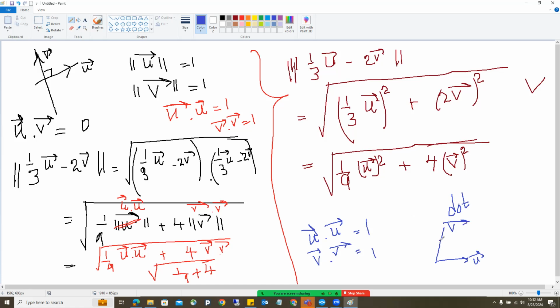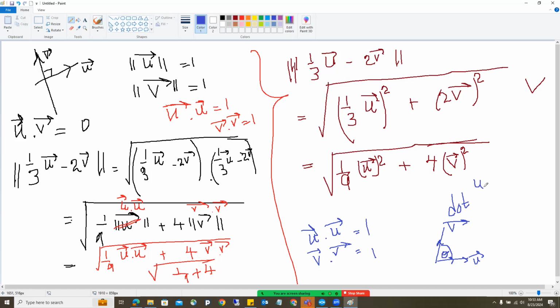Maybe these two are moving from a single point, the origin, or else these two are coming towards this origin. So the angle in between these two is theta.